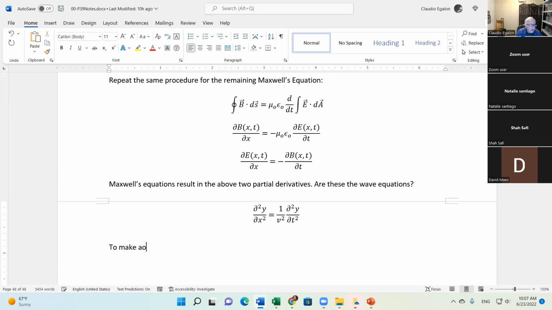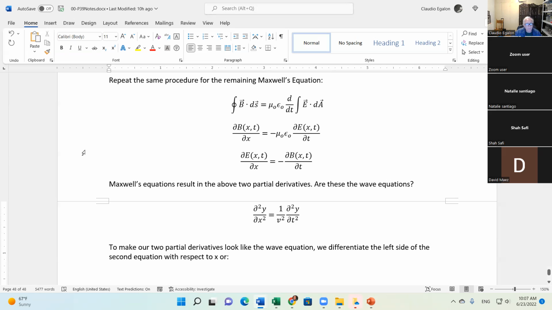To make our two partial derivatives look like the wave equation, we differentiate the left side of the second equation with respect to x.